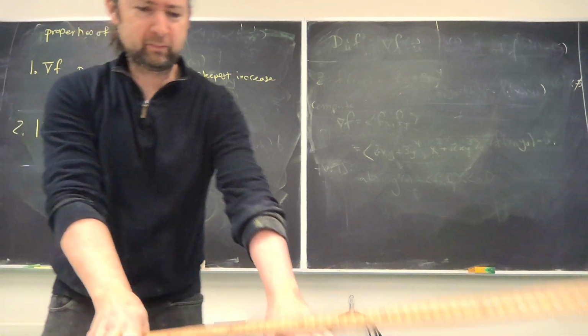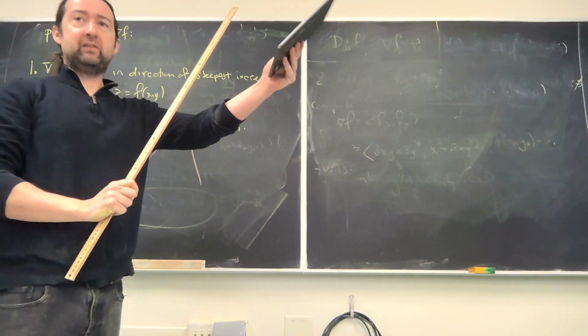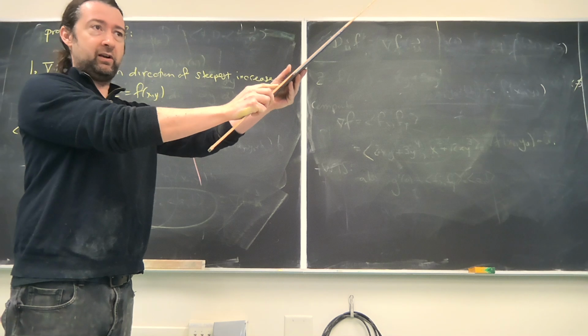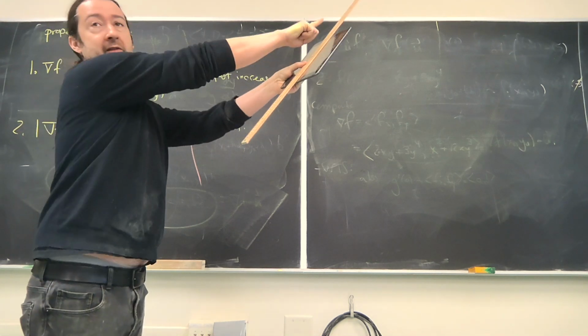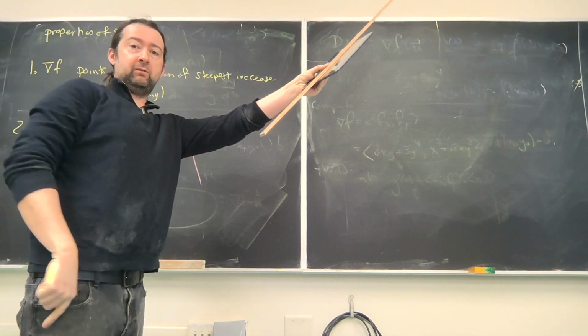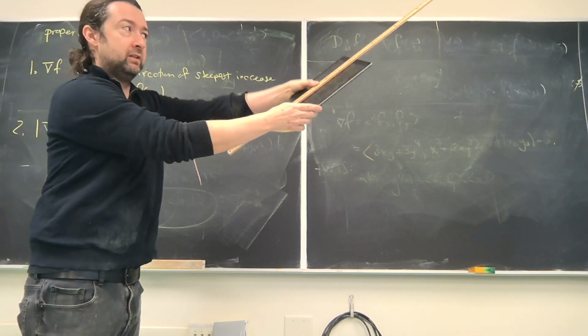This would be easy if I had a plane here, right? You can see if this is a tangent plane to a surface and I put the gradient vector on it, that points in the direction of steepest descent and that points in the direction of steepest descent. And no matter how I orient it, that's going to be the same.